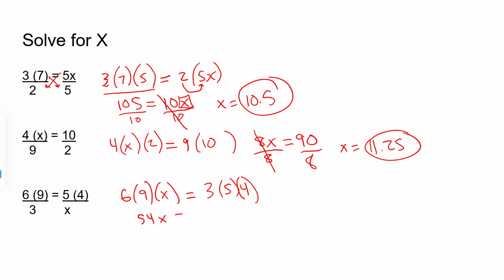And we're going to set that equal to 3 times 5 times 4, 60. Then we want to isolate the x, so we're going to divide away the 54 on both sides. x is equal to 1.11.